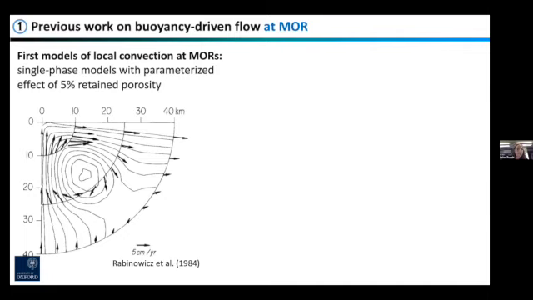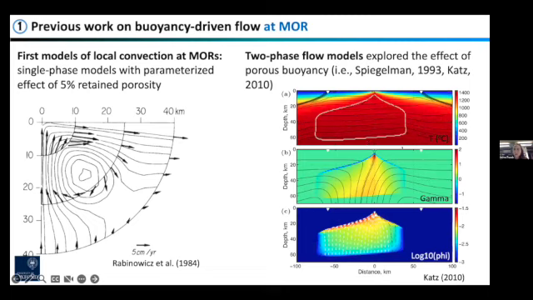So they only tested porous buoyancy. And fast forward, a couple more models have also explored porous buoyancy. In particular, I'm showing some results from Katz 2010, where they used two-phase flow models and included porous buoyancy. And we can definitely see some asymmetry in the partial melt zone.